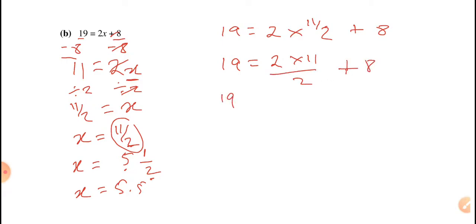So 19 is equal to 22 over 2 plus 8. So 19 is equal to, what's 22 divided by 2? It's 11, and indeed 11 and 8 is 19.